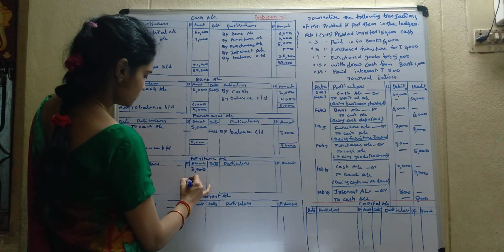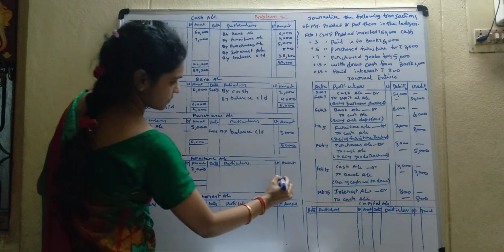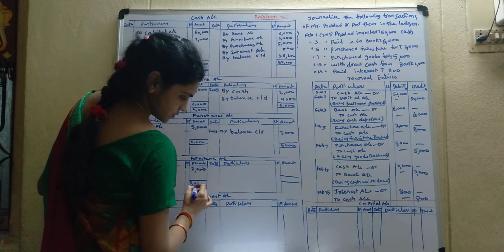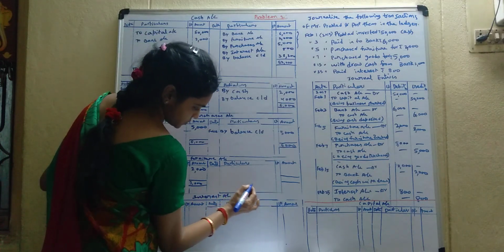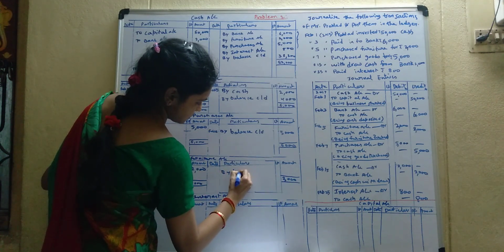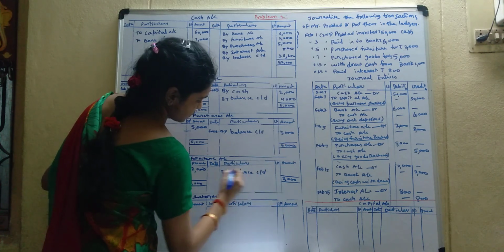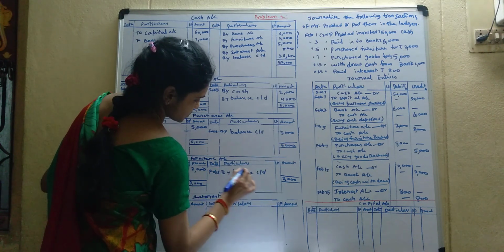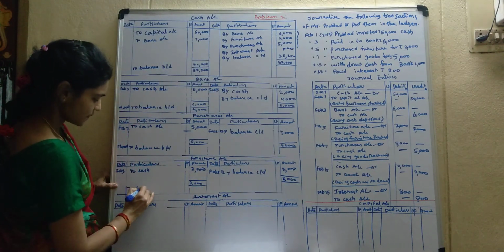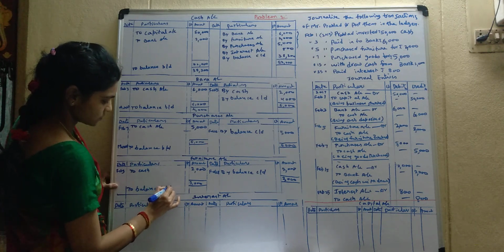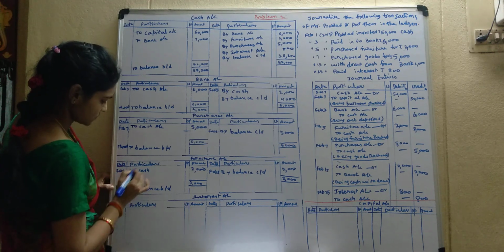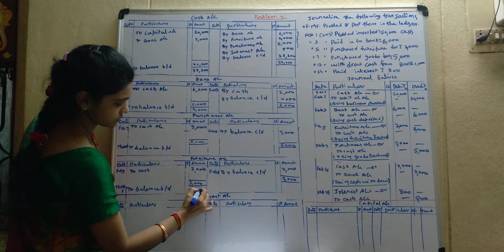No. So 2,000. 2,000 by balance carried down on February 28. 2,000. Again, to balance brought down on March 1st, 2,000.